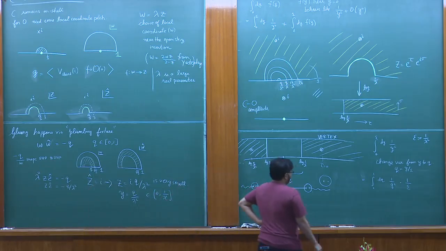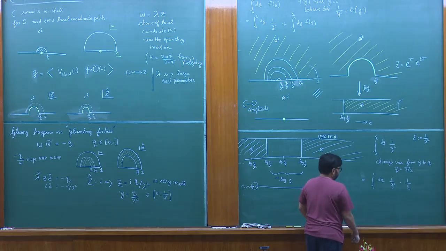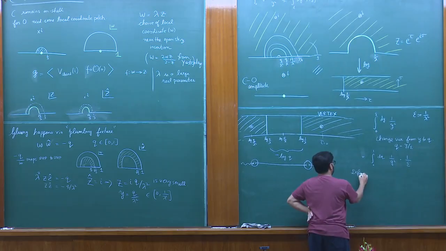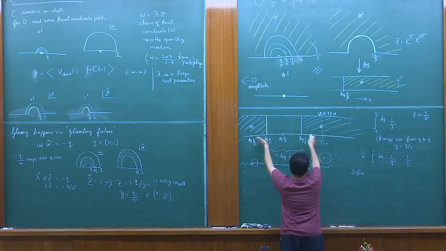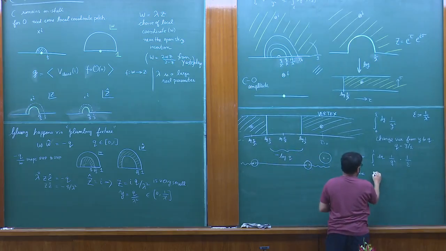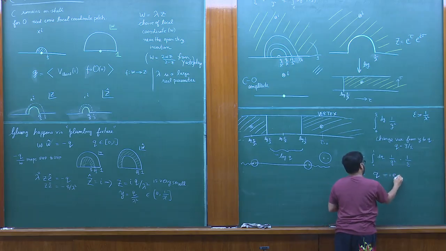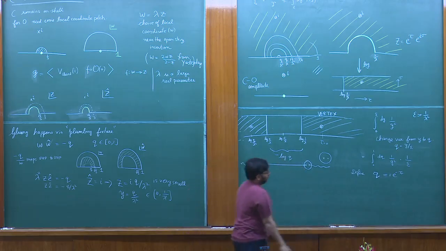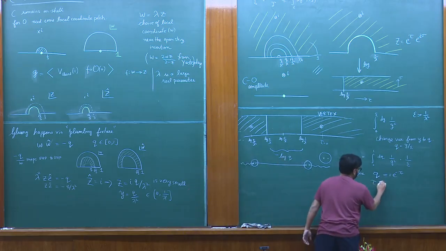Exactly. So now let's define a new variable q, which is e to the negative tau. So tau belongs to 0 to infinity.